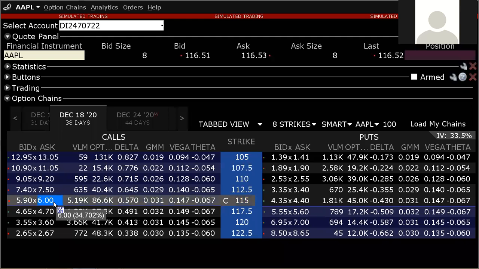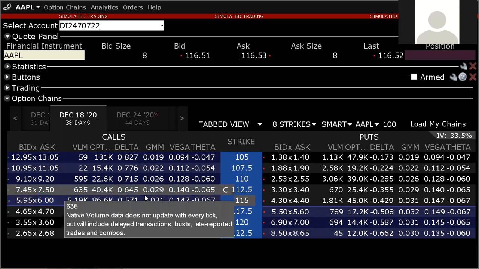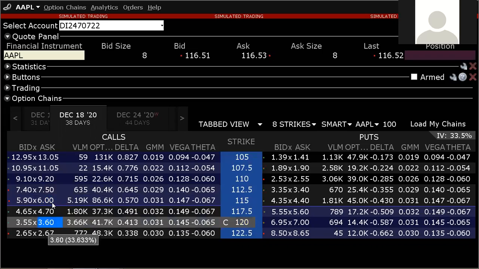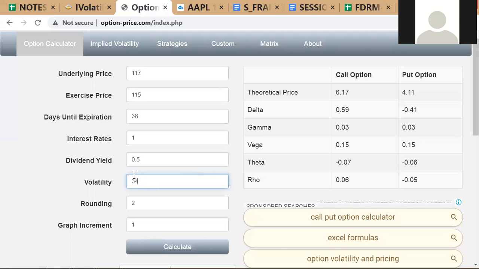They look at this figure 6. The 115 call has a price of 6, and then they enter the other information in the option valuation model, and keep changing the vol input until they get a model output exactly equal to the market price. That vol input which produces that market price is the I-Vol.